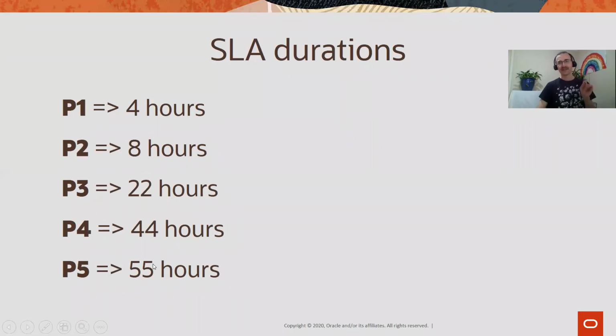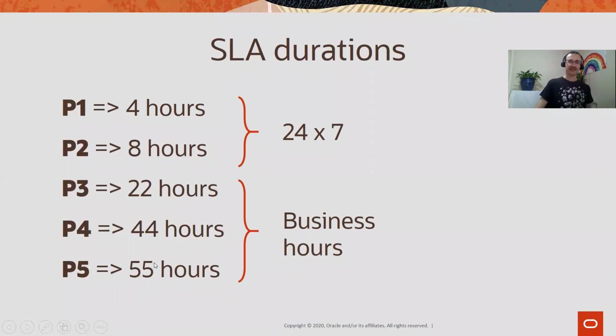Now, there's a subtle difference in how the priorities are handled, and we can split them into two groups: those that are dealt with 24/7 and those that are only dealt with during business hours. So priority 1 and 2, it doesn't matter when a ticket is raised, you've got 4 hours to respond and deal with it.